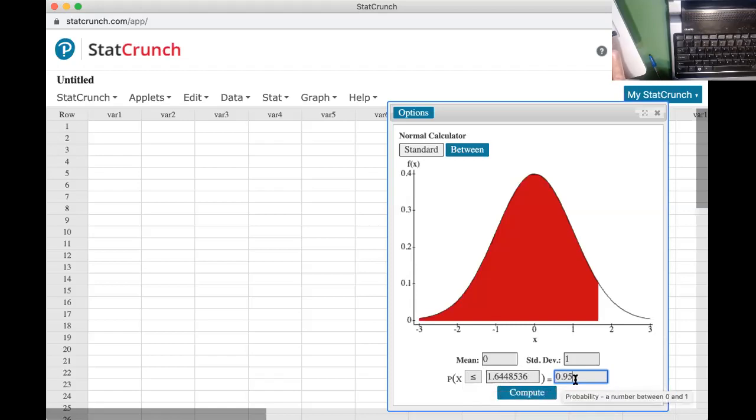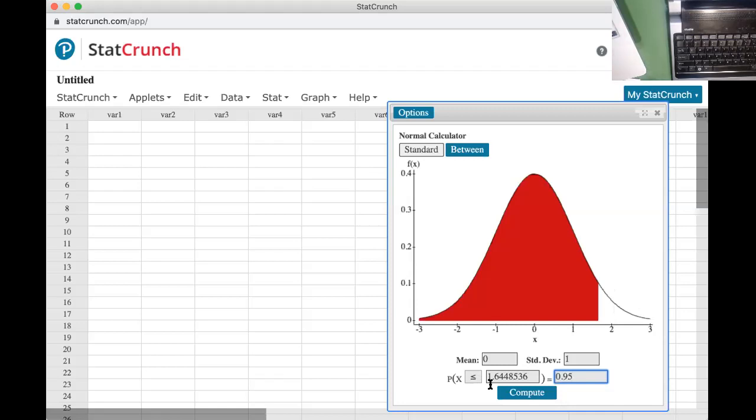And notice it's a 95% confidence level, so we got 0.05 probability in this tail, and our z for that, one tail, I'm just writing this down for myself, z equals 1.6449, to 4 digits.